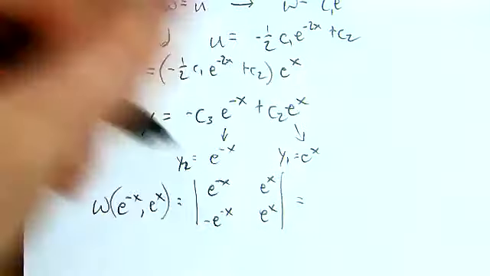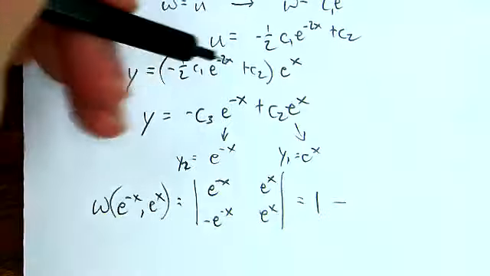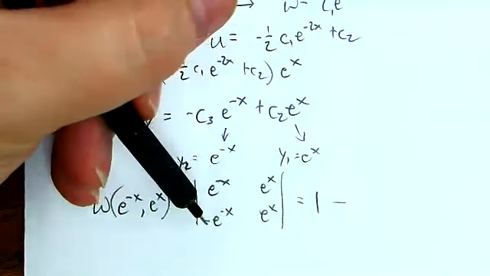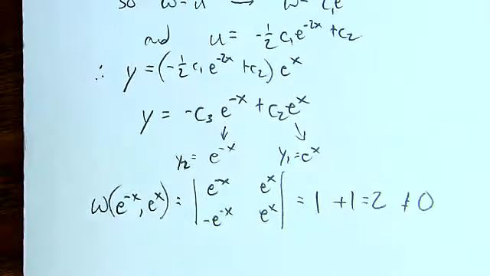And this is e to the negative x times e to the x is equal to 1. And negative e to the negative x times e to the x is negative 1, which gives 2, which is notably not 0. So these are indeed linearly independent solutions.